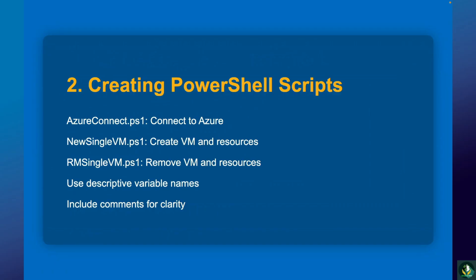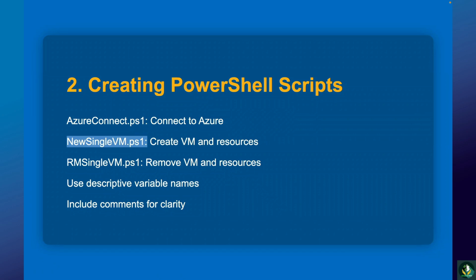Now, before starting, some words about the scripts themselves. So the first script, new single VM PS script, which will create VM and resources, will be used to create a new VM along with necessary resources like a virtual network, network security group, and public IP address. So here we'll be using descriptive variable names, and of course, for you to know, always use descriptive variable names like resource group, VM name, and so on.